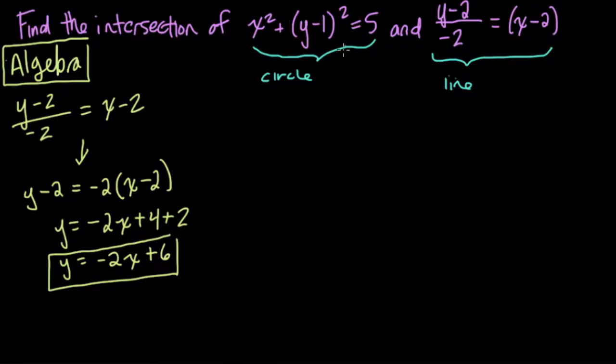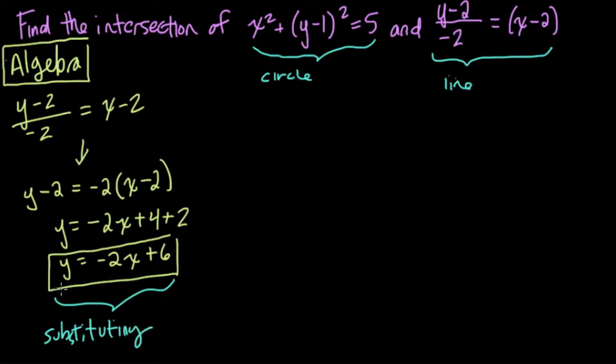To solve this, one way is to plug what I have for the equation of my line into the circle, because I know at some point they're equal. By substituting this value into the first equation, I'm assuming they're equal and substituting, and I can solve for x and y.